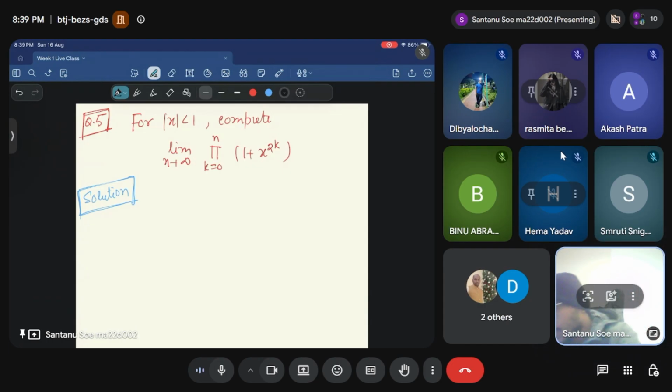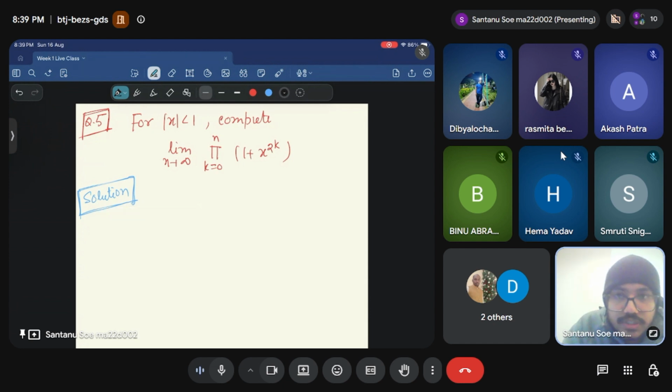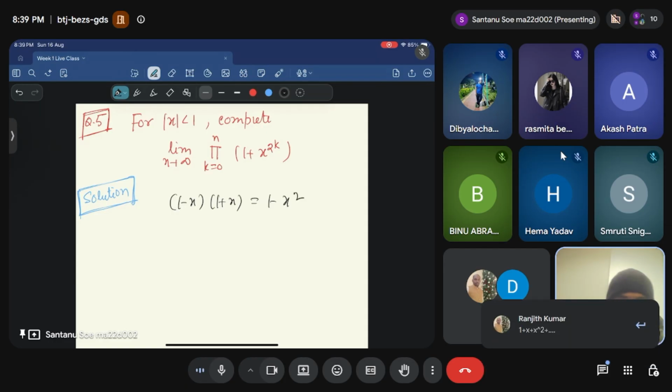Okay. So what you can do is try to see first what is this nth product of 1 plus x to the power 2 to the power k. Okay, so you can see that 1 minus x into 1 plus x is 1 minus x square.